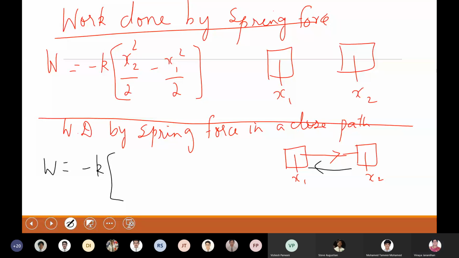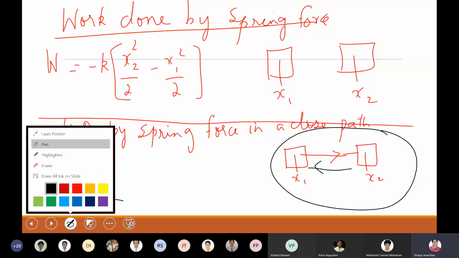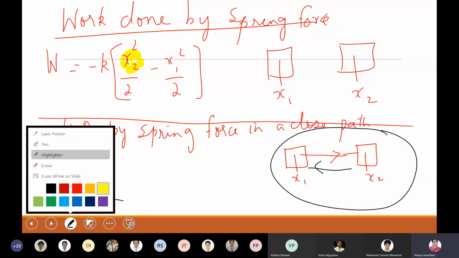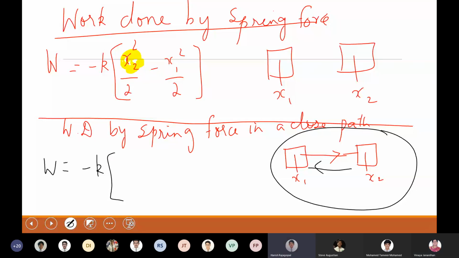Harish, in this scenario, look at this expression and what should I replace this x2 with? With x1, because x2 should be replaced by x1. In the previous expression, x2 was the final position, correct?